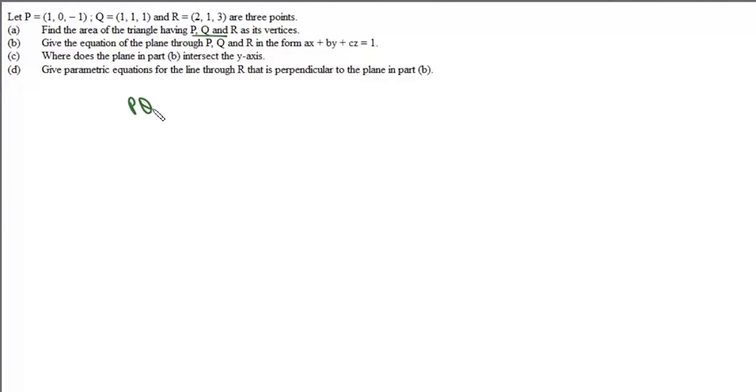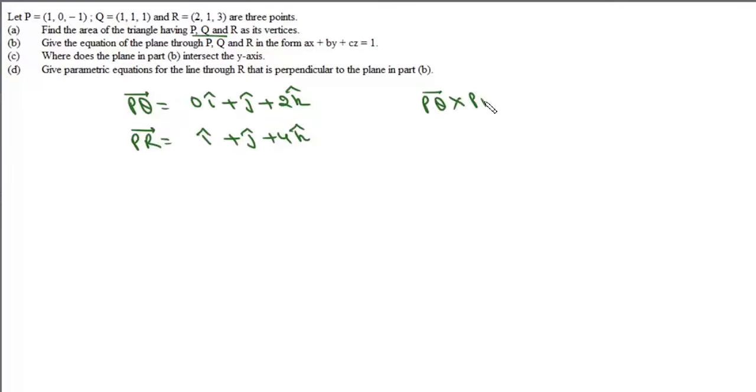Now for this, what we'll do is we'll find PQ. Now PQ is Q minus P, so it will be 0i plus j plus 2k, and we'll find PR, which is i plus j plus 4k. Now if we find PQ cross PR, it will be this determinant with i, j, k, then 0, 1 and 2, and 1, 1 and 4.